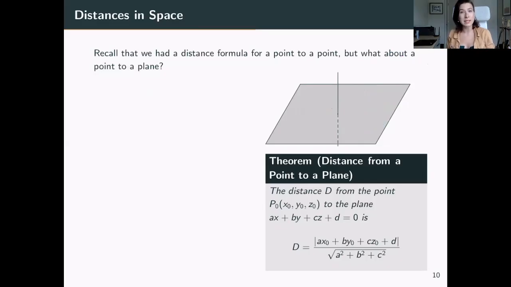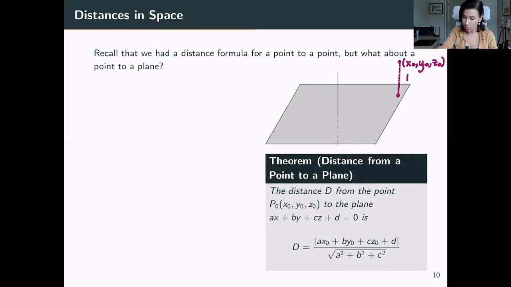We've talked about distances from a point to a point, but what about distances from a point to a plane? There are actually a bunch of different distances that we could define, but let's suppose that to start off, we have a point, call it x naught, y naught, z naught, as we usually start with. Then the distance down to the plane is just going to be the vertical distance onto this plane.